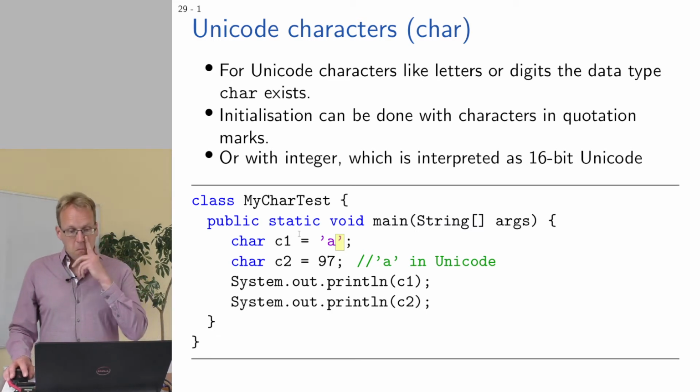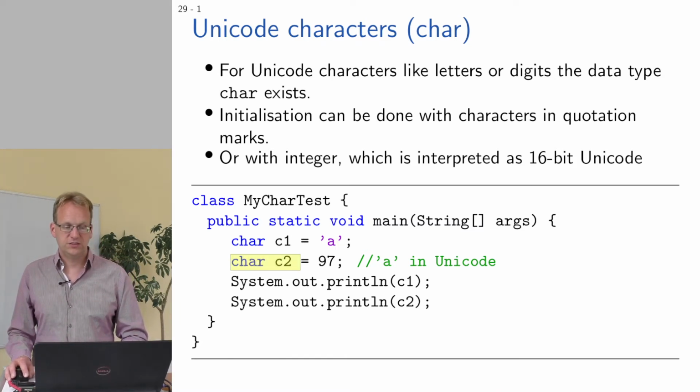We can also use something like this. char C2 is equal to 97. Well, it's hard to understand what is happening here. So 97 is just the number representing A in Unicode.